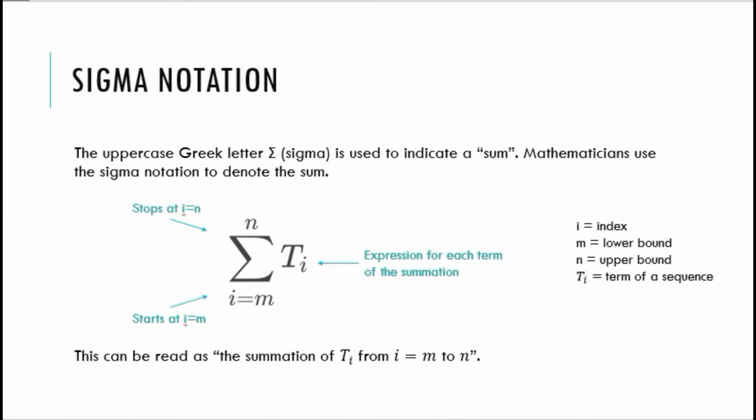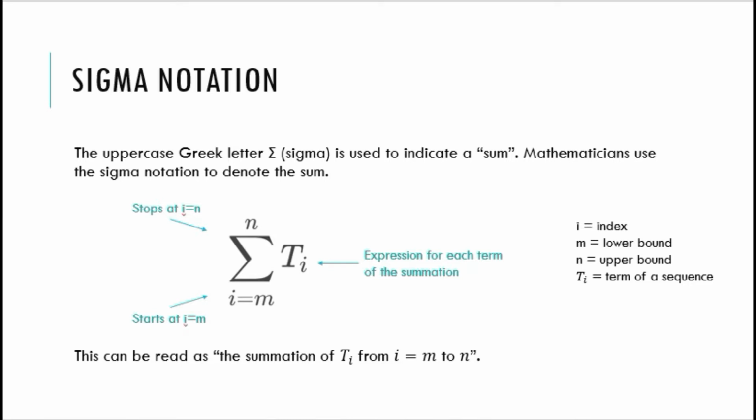For the lower part of our sigma notation, we have i equals m, where i is the index and m is the lower bound or the start index, which is shown below the summation symbol. So it basically tells us that it starts at the value of m and ends or stops at the value of n, which is the end index shown above the summation symbol.